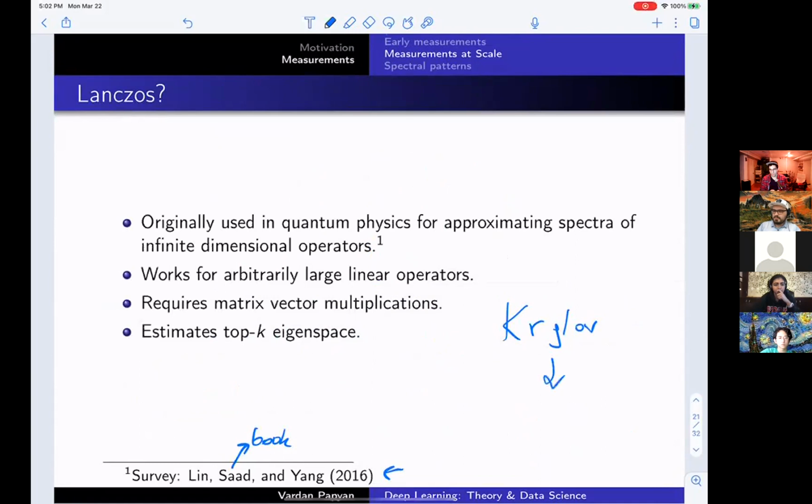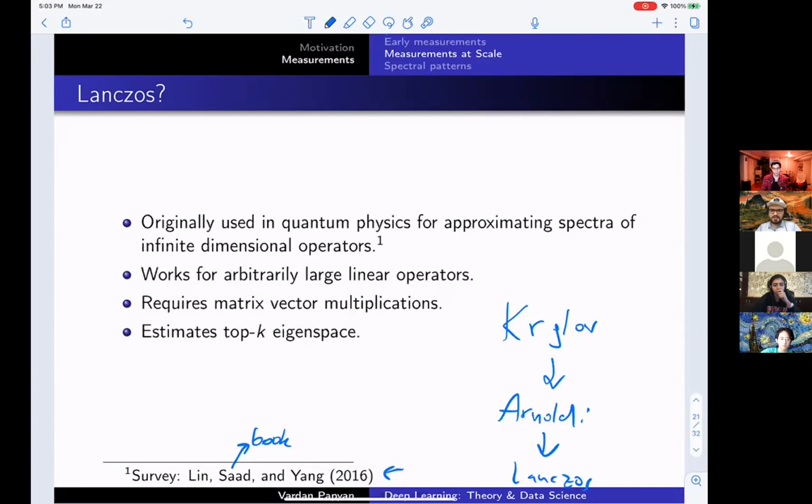In those, you have something called the Arnoldi method, and a special case of the Arnoldi method is the Lanczos method. We do not have time to review all of these topics, so we will believe in Lanczos.